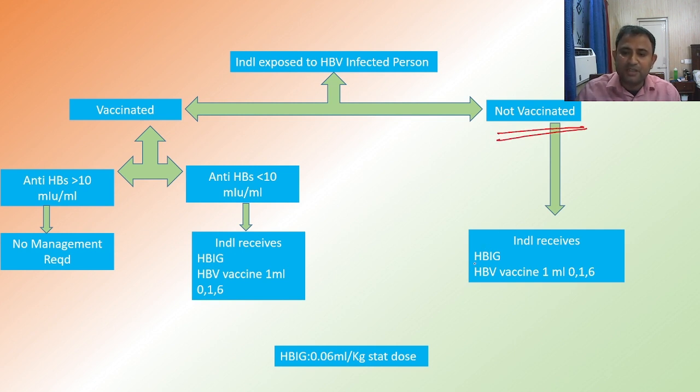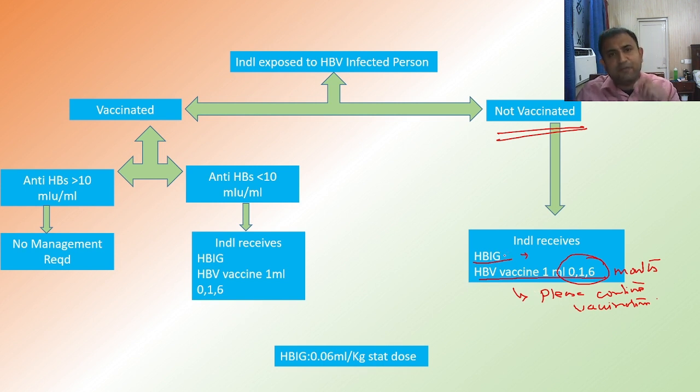Then the individual receives hepatitis B immunoglobulin along with HBV vaccine in the schedule of 0, 1 and 6 months. Now suppose HBIG is not available to you. Do not stop the vaccination. Please continue the vaccination. HBIG should be given preferably within the first 12 hours of exposure.